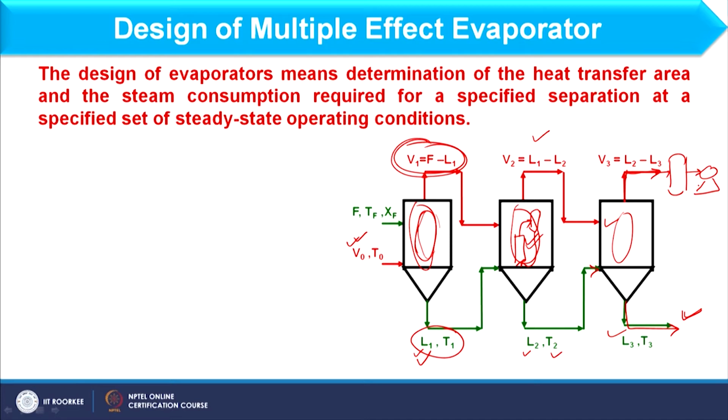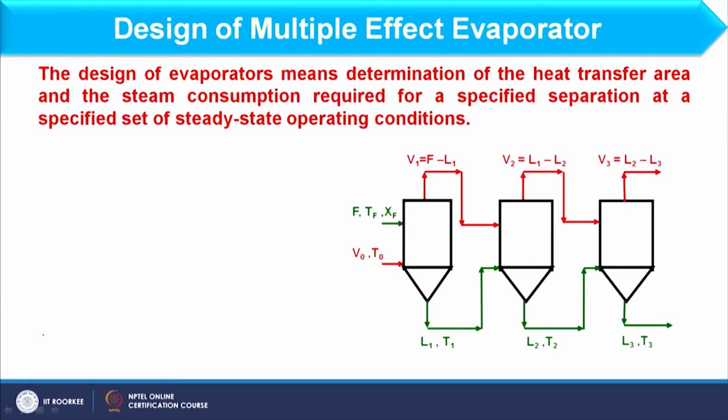So, feed movement is from the 1, 2 and 3 effects. This 1, 2, 3 is the flow sequence, which we also call the forward feed sequence. As far as vapor movement is concerned, vapor moves from the first effect, then to the second and then to the third effect.